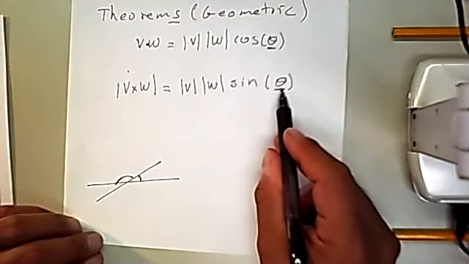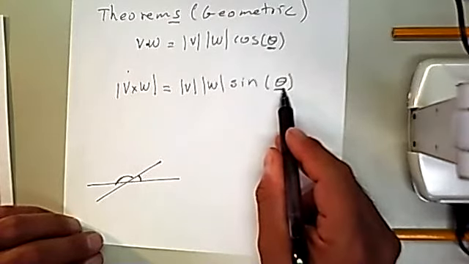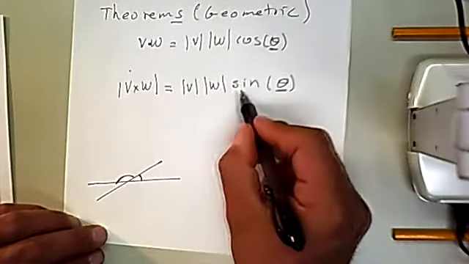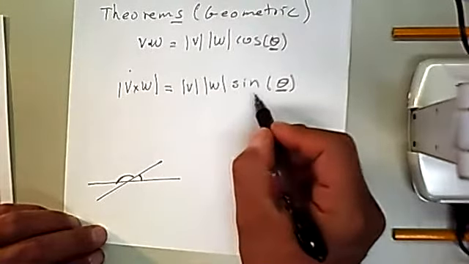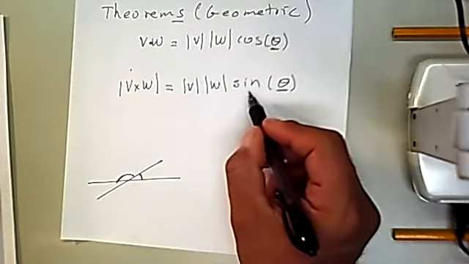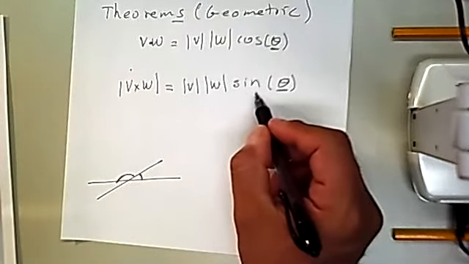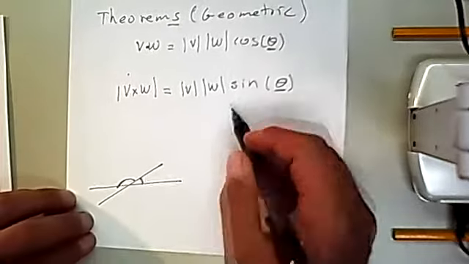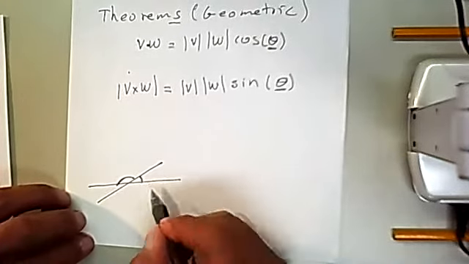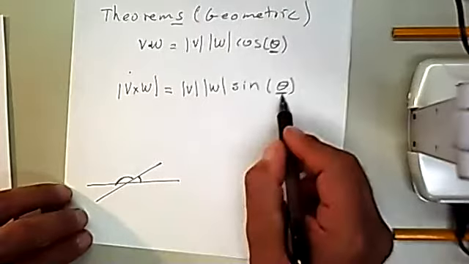This theta is always going to be the acute of the two. The sine is going to be the same regardless. But if you do the arc sine to find the angle, you're always going to get this one, so you've got to be careful about that.